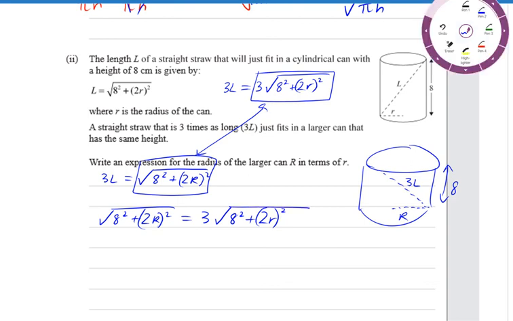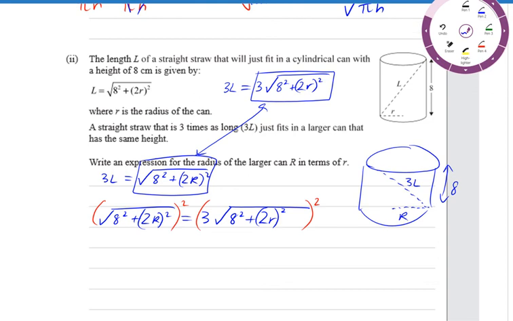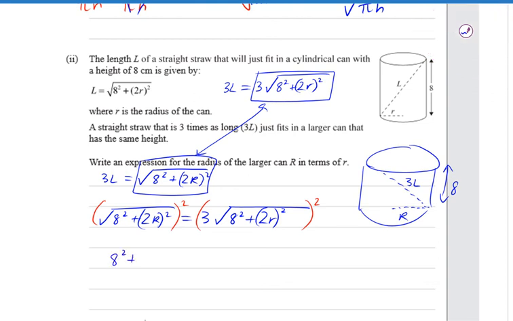Now our first step of working here is going to be to get rid of the square roots. So I'm going to square this side, so I also have to square that side as well. And that gets rid of our square root, so it leaves us with 8 squared plus 2 capital R squared equals 3 squared is 9, and that's times 8 squared plus 2r squared.